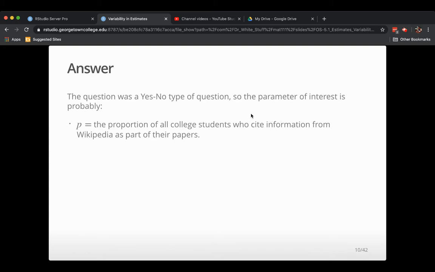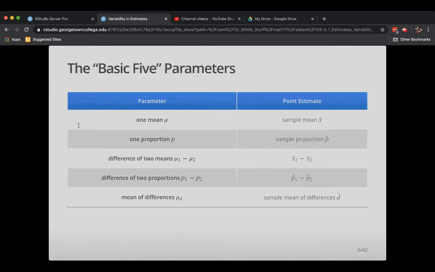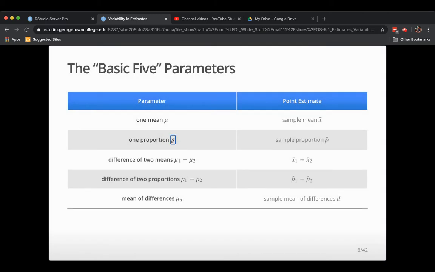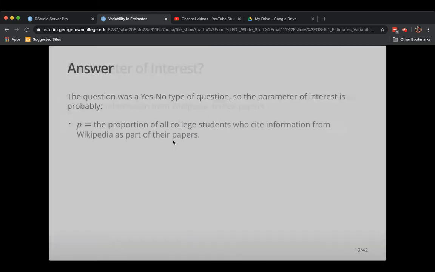Well, when you're asking a yes-no type of question, the parameter of interest is probably P, the proportion of some single population that has a certain characteristic. In this case, the proportion of people in the population who have the characteristic of having cited Wikipedia in a paper. And so you define it this way. Let P be the proportion of all college students who cite information from Wikipedia as part of their papers.